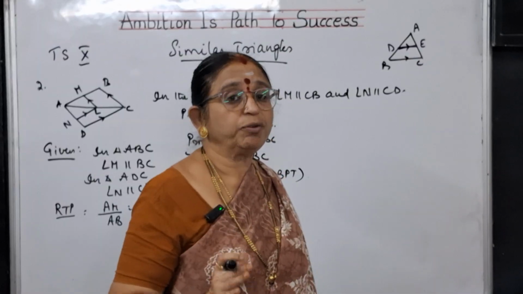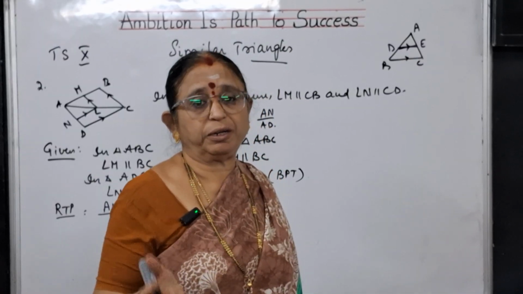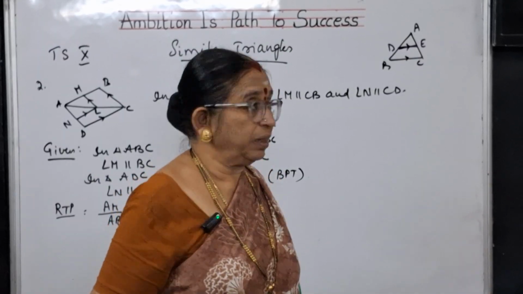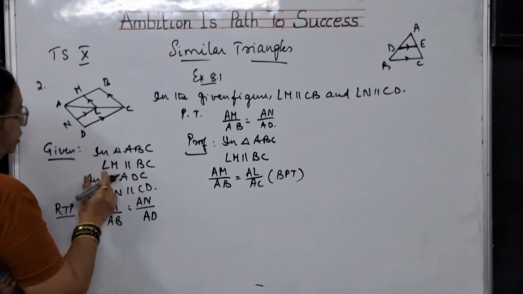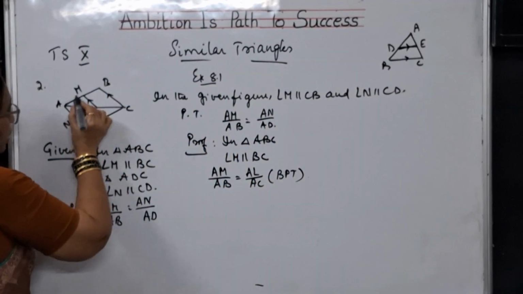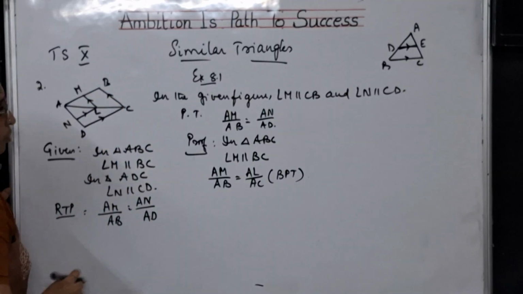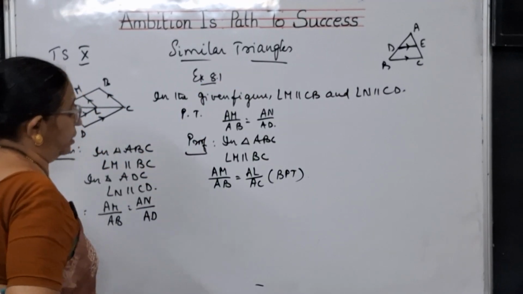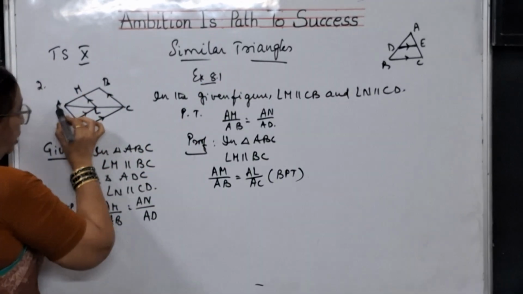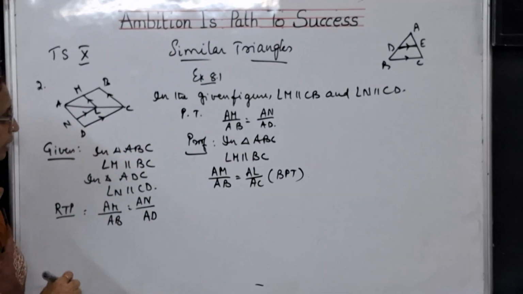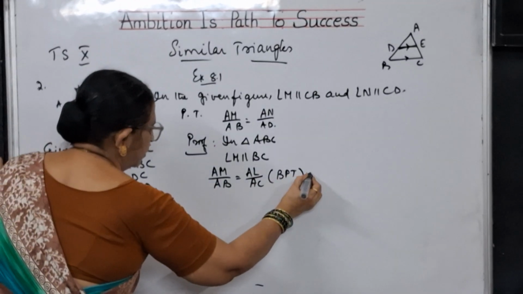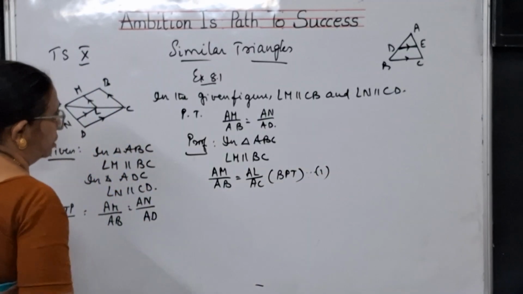That is the meaning of basic proportionality theorem, or we can also call it Thales theorem. So basing on that, because in the problem they are asking AM by AB, here AM by AB will be equal to AL by AC I should take. Similarly, this you can take as the first equation.